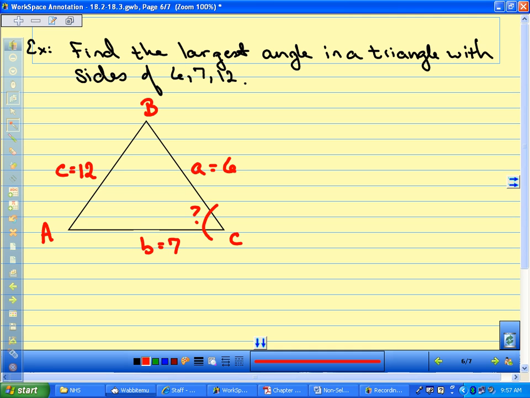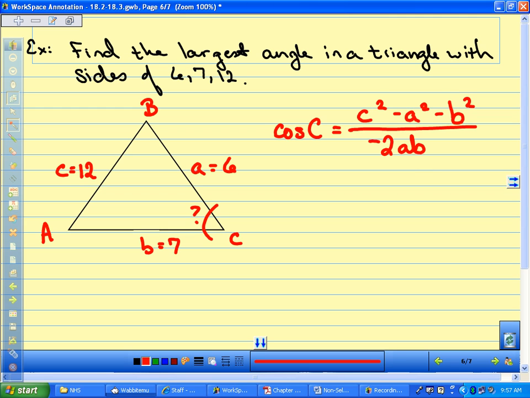Step 2 is a formula. Which angle do we want to find? So we want to find the cosine of angle C, and we know that that's going to be equal to C squared minus A squared minus B squared divided by negative 2AB.